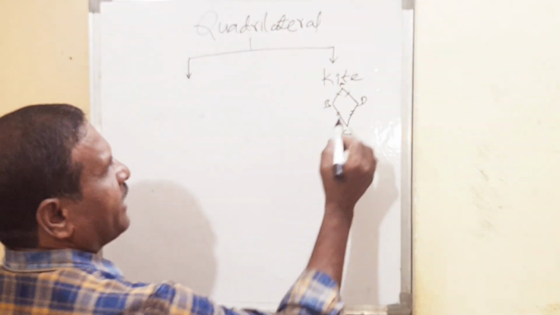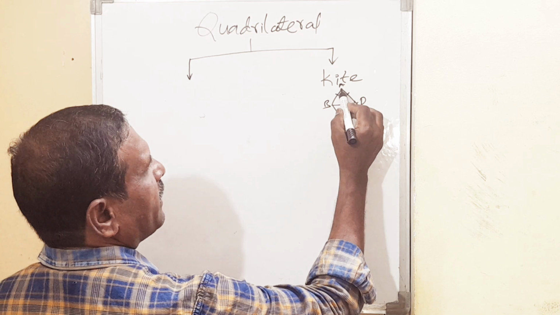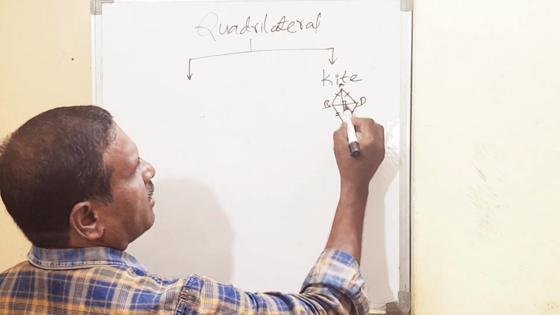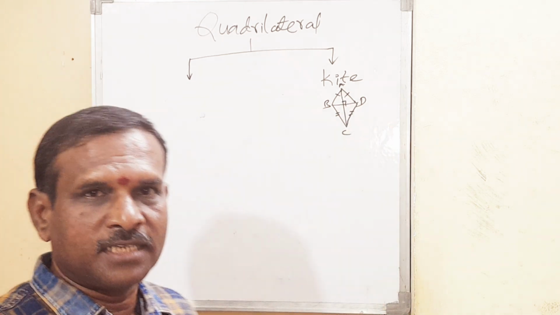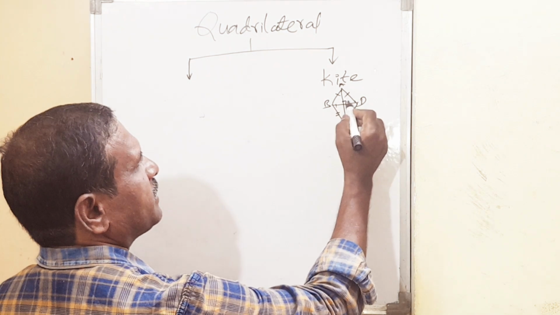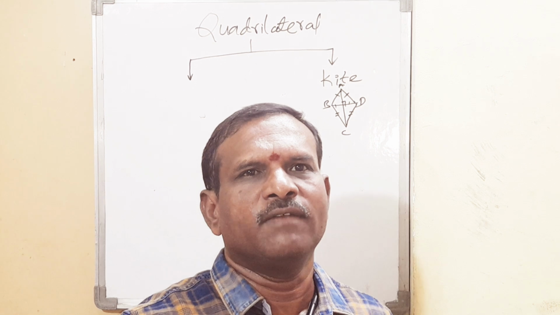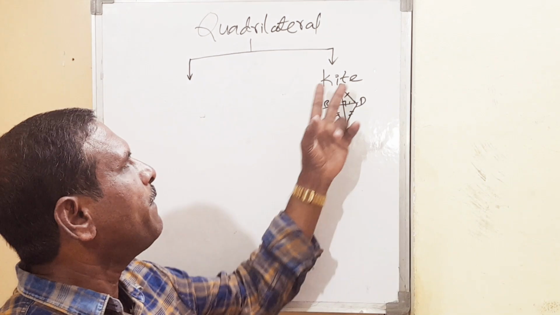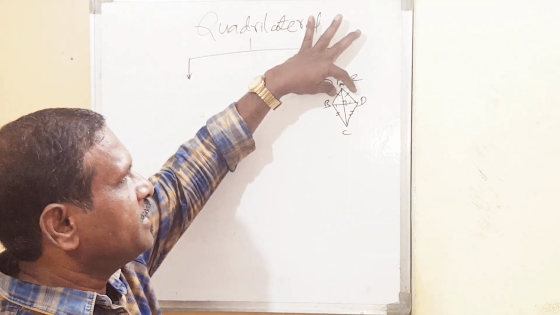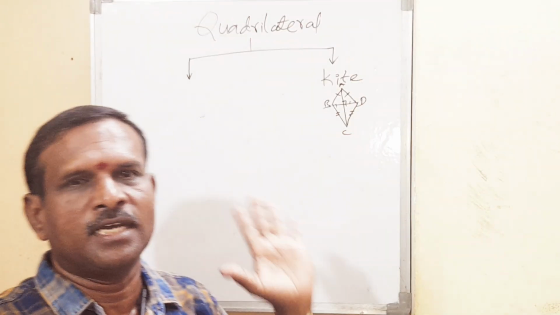If you take the diagonals, they are perpendicular to each other, and the longer diagonal always bisects the smaller one. Okay, what is a kite? A kite is a quadrilateral in which both pairs of adjacent sides are equal. Means these two sides are equal and these two sides are equal.